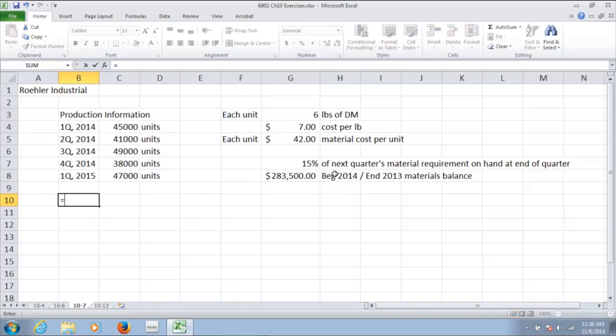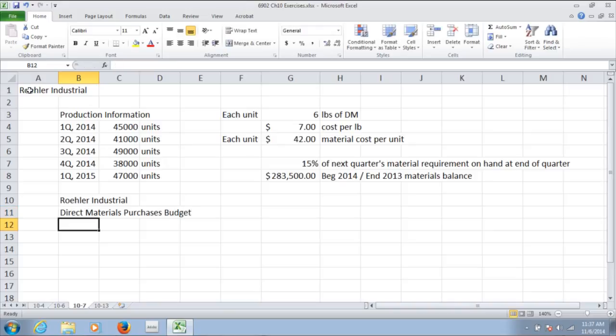So in preparing this budget, what I'd like to do is transform the data a bit. So we'll have our Roller Industrial direct materials purchases budget.